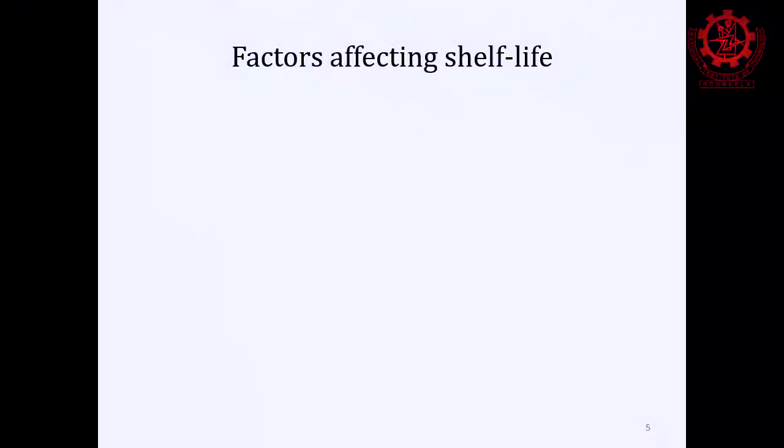Type of packaging can influence the shelf life. Initial microbial load. So that's a part of the food. So food factors, environmental factors, and packaging factors. Yeah, that's correct, but you could lump that into part of the environmental factors.